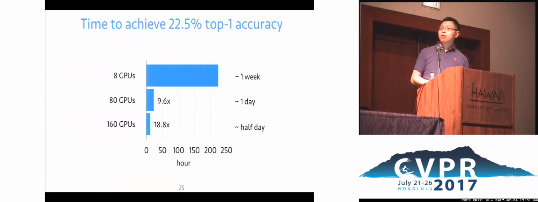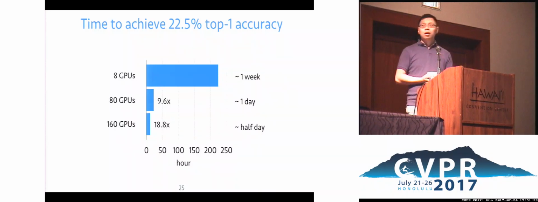This is the result on EC2 P2 GPUs. This is K80, very old GPUs. With newer ones, Pascal, and especially Volta, a new one from Nvidia, you actually can finish within an hour. But we think that half a day is a good time, actually.